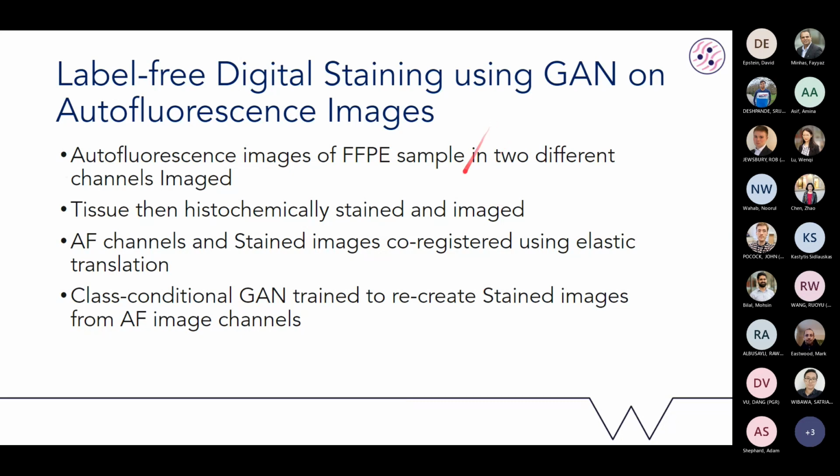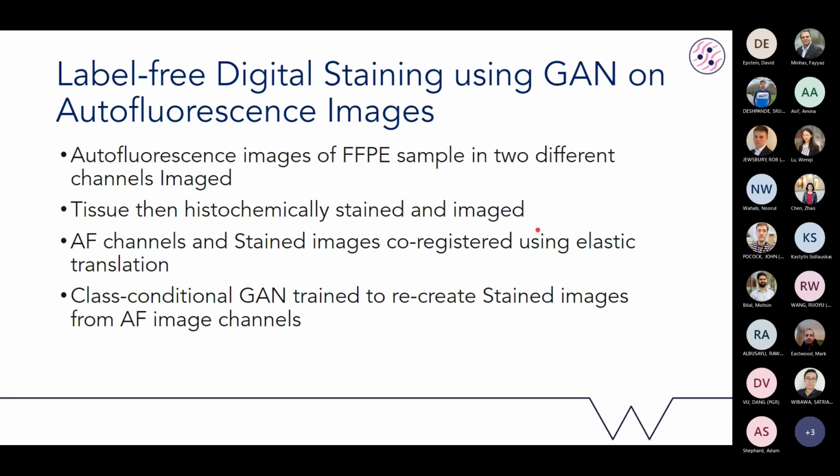The final one, I think, is again an example of digital staining, and this is using a GAN on some autofluorescence images. So they've essentially got some FFPE samples and image them in two different frequency ranges.